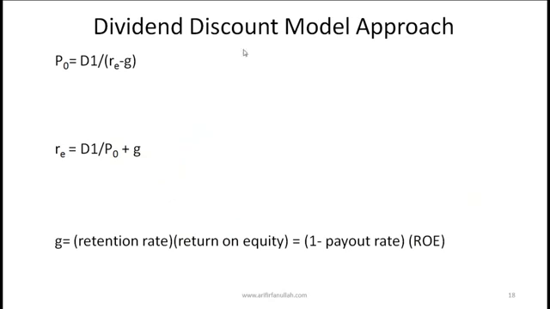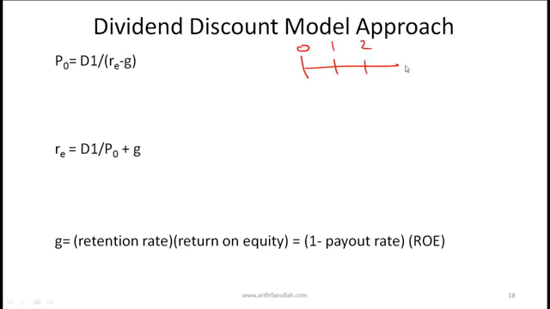The second model that you need to know is the dividend discount model, and this again is based on present value of cash flows. So I'll first give you a simple scenario which ties in with material that you saw in quant. Let's say that you have a cash flow which is a growing perpetuity.